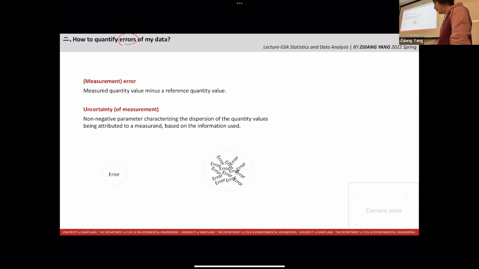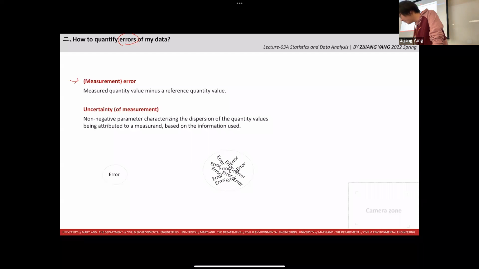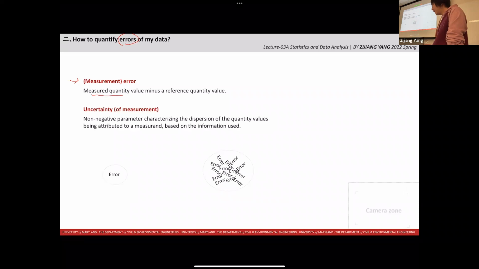Here's the definition. The full name is measurement error, and it refers to the measured quantity value minus a reference quantity value. Here I use reference quantity value, but we can understand it like the true value.